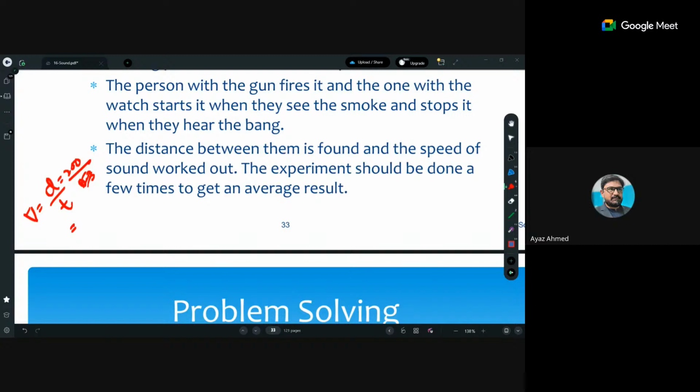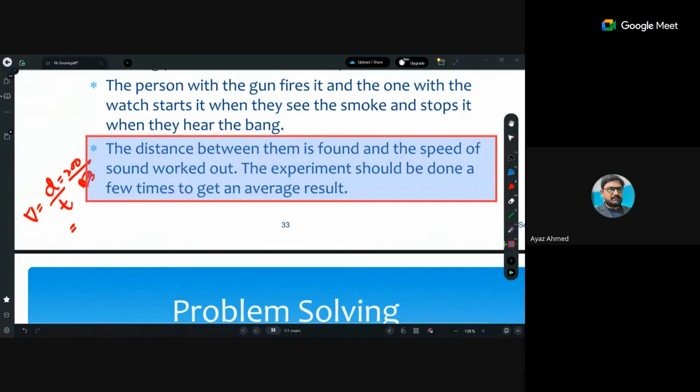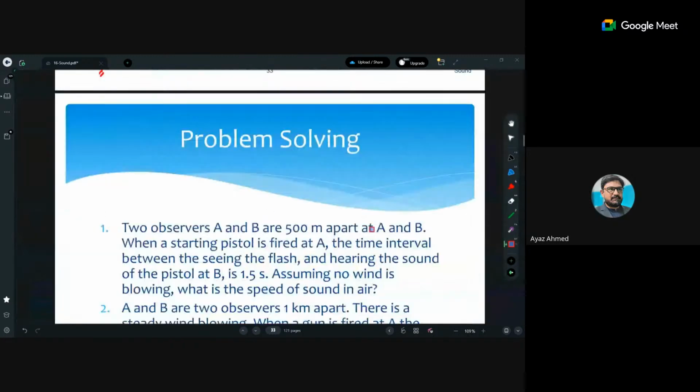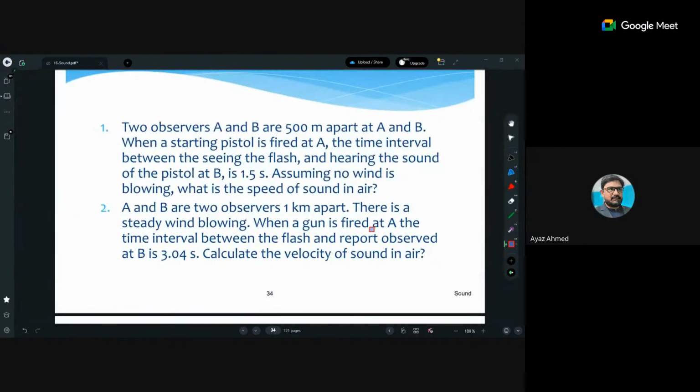You can measure the time, and this is the most important point: the average is taken by taking several readings of the time, not repeating the experiment. You take the average, and then that is used.